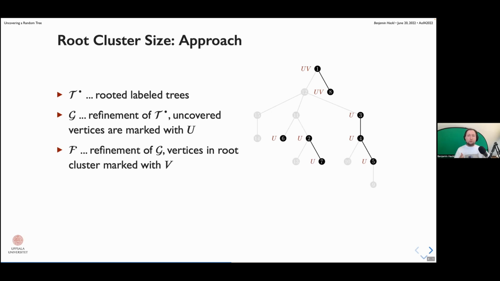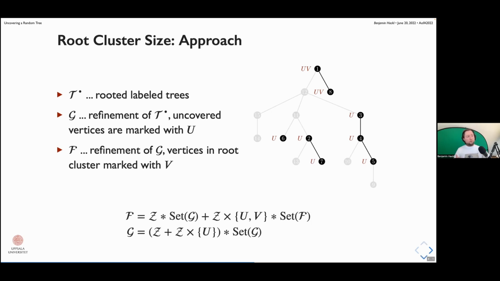From this description, we can set up symbolic equations for these combinatorial classes. On the one hand, the equation for F is simply: either the root is uncovered, then it's just z to account for the size, and a bunch of trees attached, their vertices might be uncovered or covered, it doesn't matter.